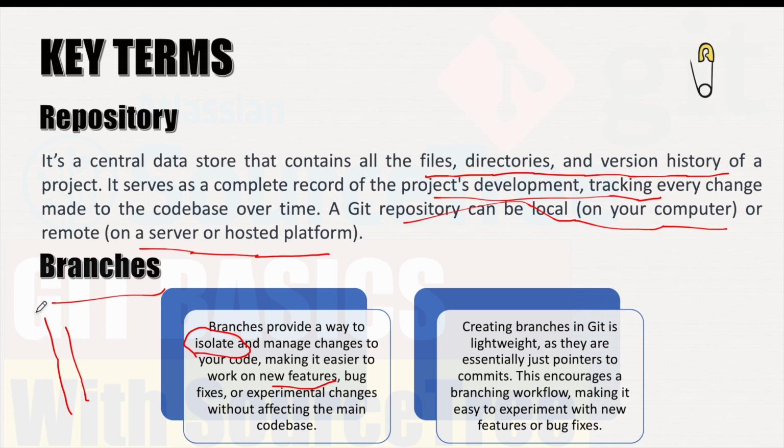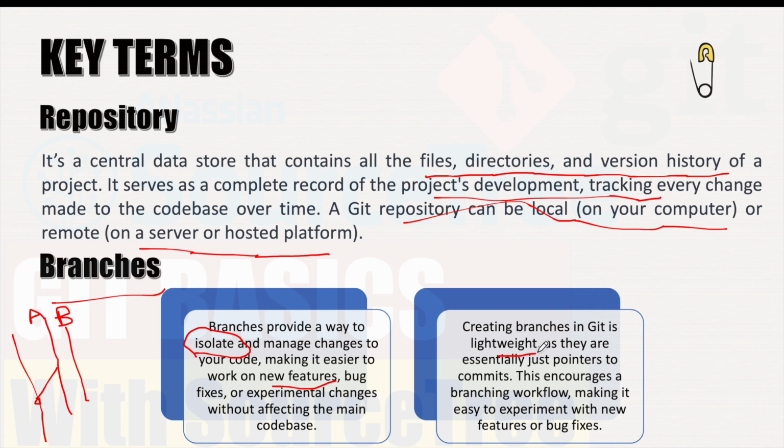So if developer A is working here and developer B is working here, both their changes are isolated, and once they have done their changes, they can merge their changes back to the develop branch. And if there are any merge conflicts, they can solve them. We will see all these terms and terminologies which I am using in a bit, but this is what a branch is. Creating branches in Git is lightweight.